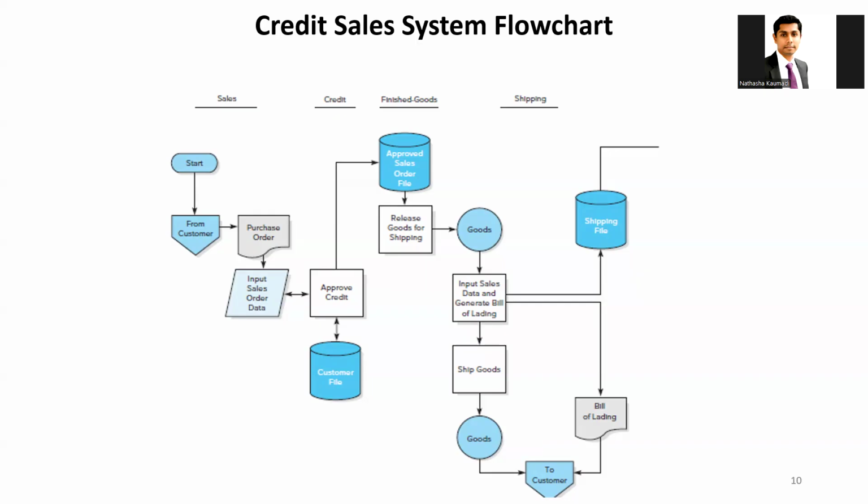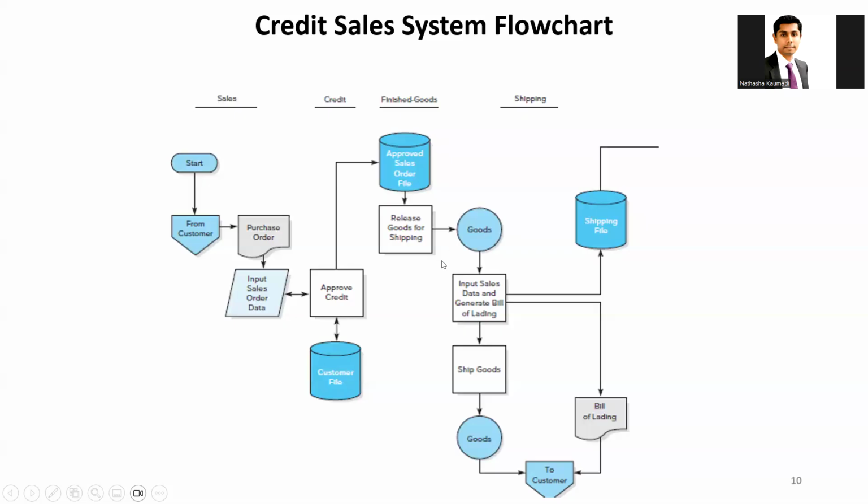We can show that flow chart with the starting point from the customer and then the purchase order. So input sales order data to the system, and then we have to approve the credit limit as well. That credit limit approval should be filed in the customer's file. And then after the sales order is approved, we release the goods for shipping.